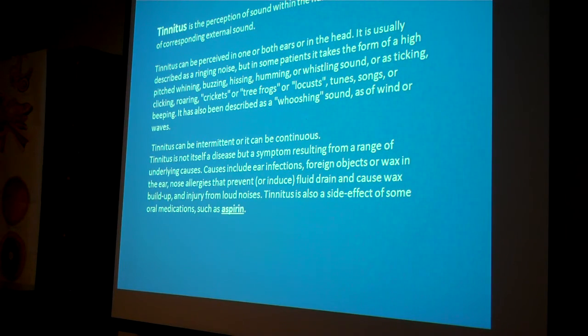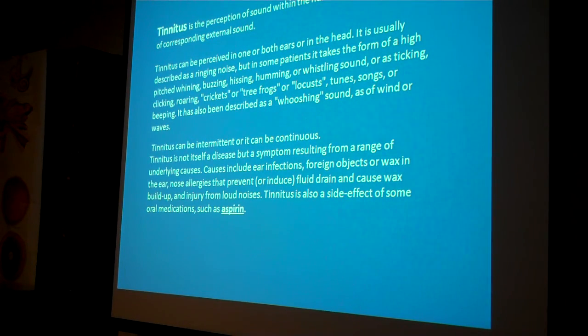Especially in a quiet room. When I turn off the TV at night and I'm trying to go to sleep, oh, there it is. The whooshing, and it can be low sounds too. It can be rumbling. It's just any abnormal sound.